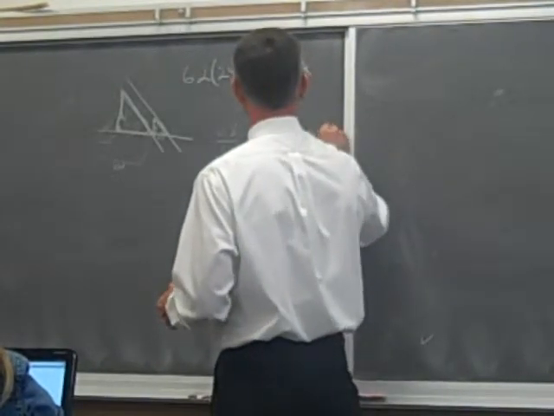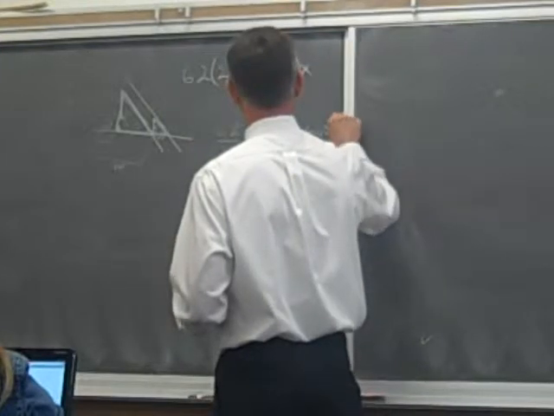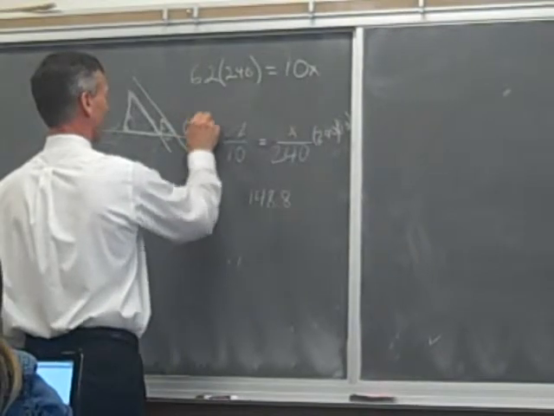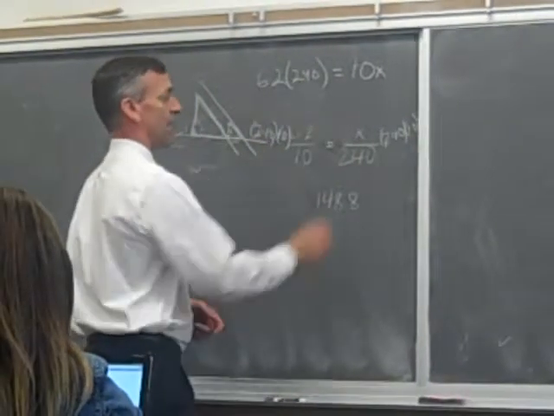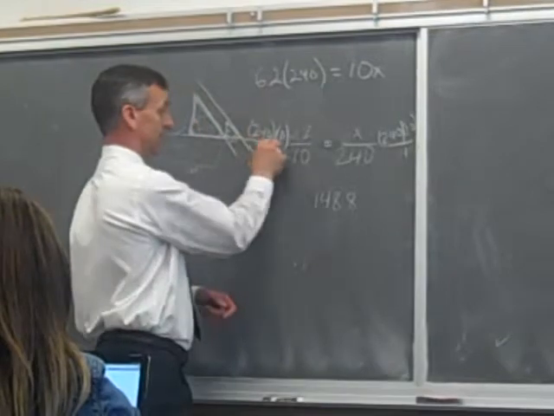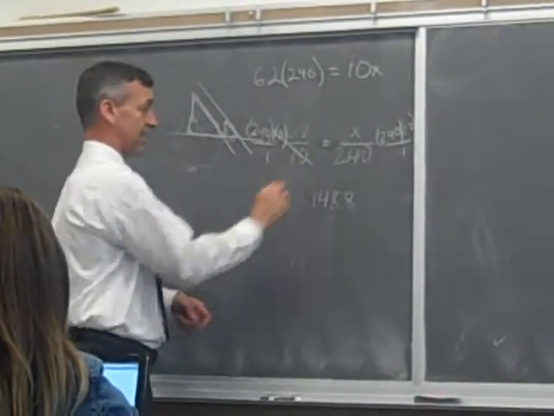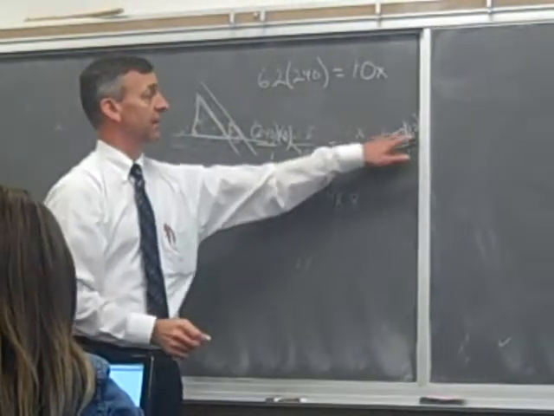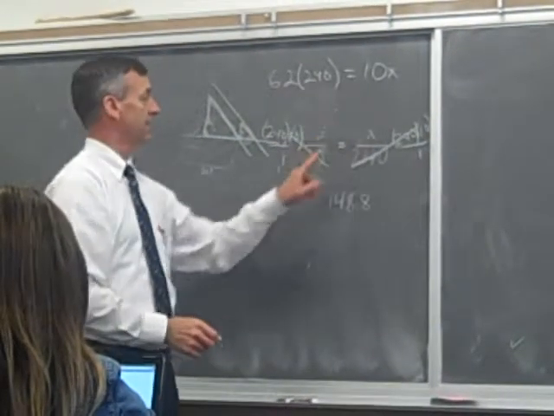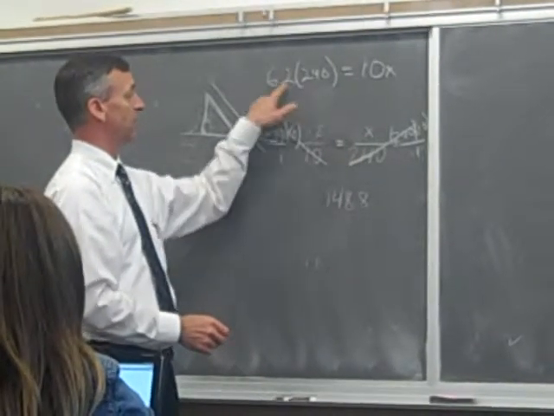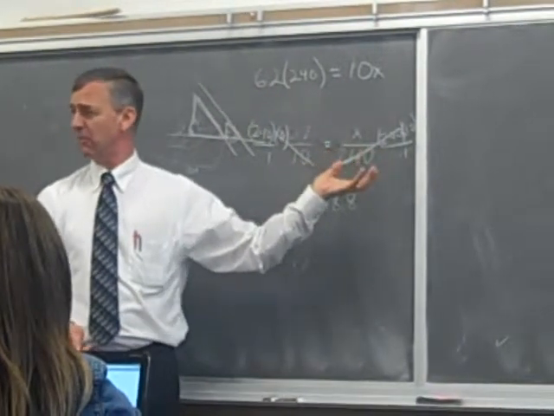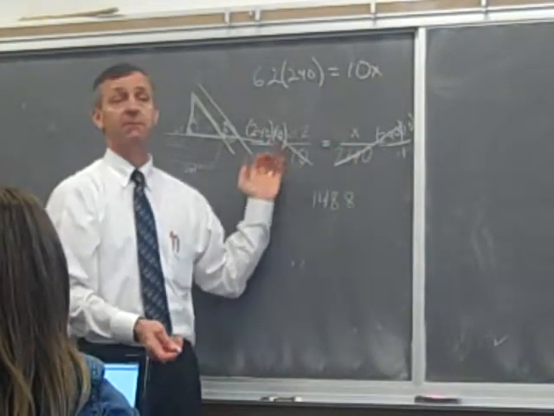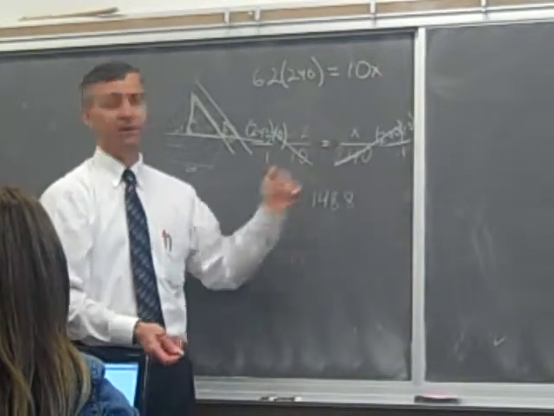If we multiply both sides by 240 and 10, that's the same as that over 1, right? And the 10s cancel, right? And here the 240s cancel, leaving us with 10x and 240 times 6.2. That's why cross multiplication works, because you're essentially multiplying both sides by the product of the denominators.